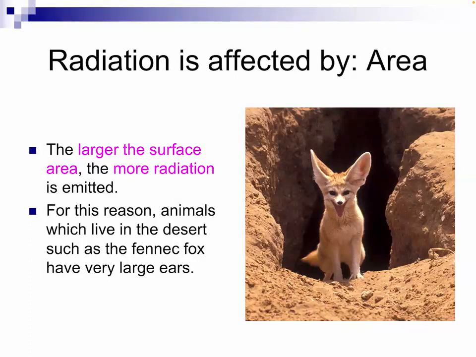If you also compare elephants who live in Africa to elephants who live in Asia, African elephants tend to have larger ears because then they will have more surface area to emit radiation, and that regulates their body temperature.